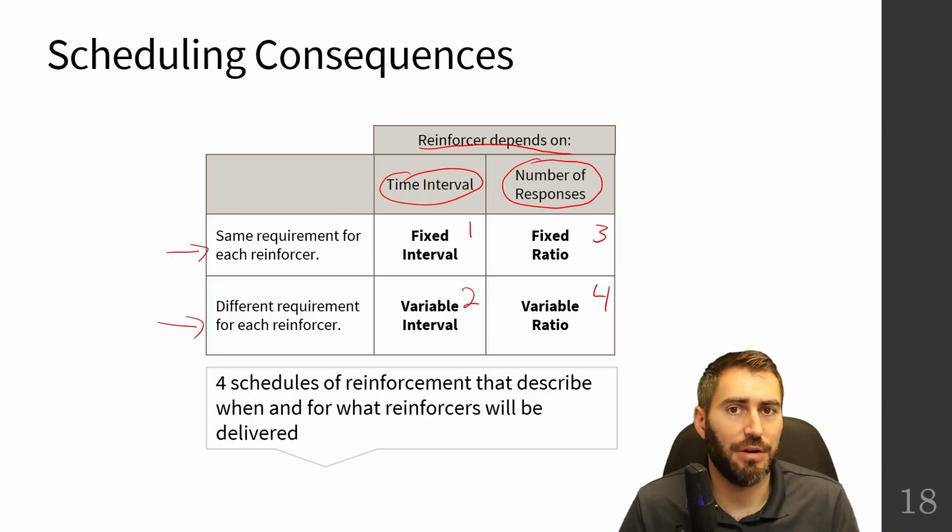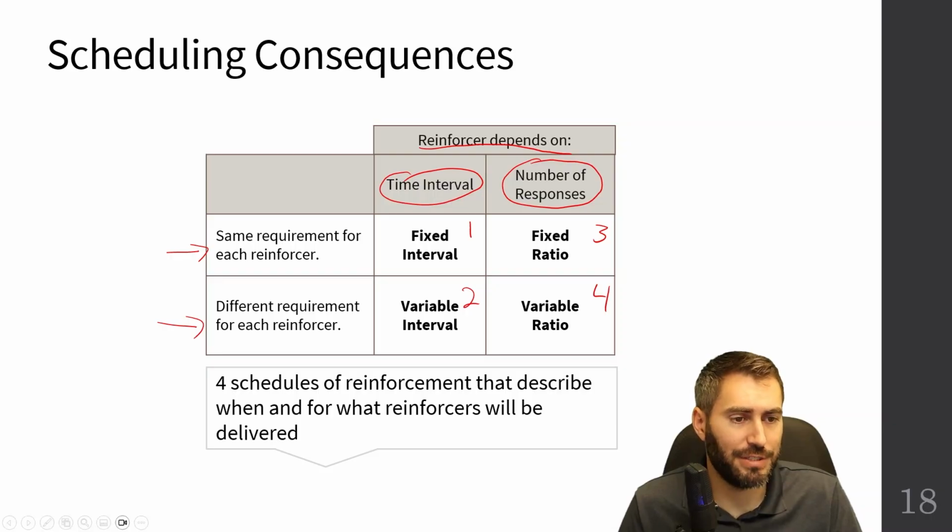That would be a variable ratio, where it changes between these values. So the main things to keep in mind again are that we can separate schedules by how frequently we get a response or how many things we must do to get one, and also by whether the schedule is consistent or variable and changes over time.